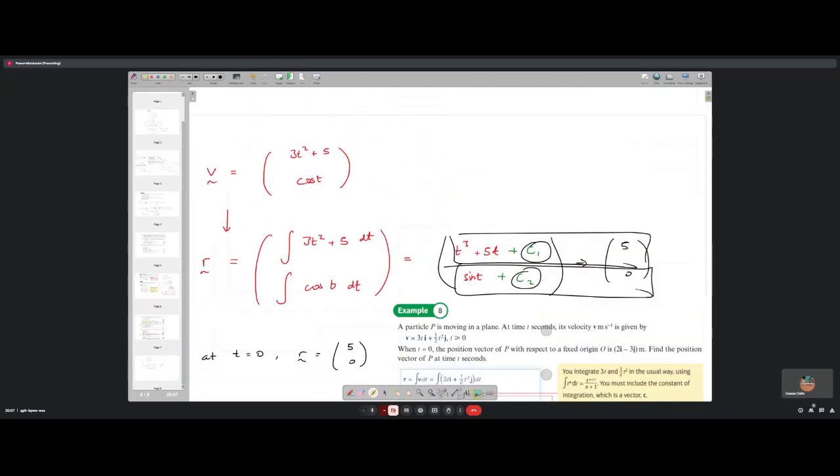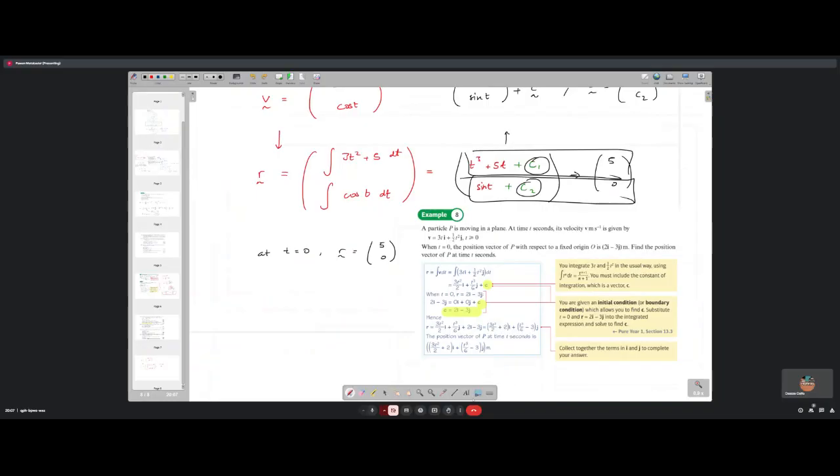Instead of writing it as c1 and c2, they've said, this is what you get when you integrate it, but let's say we're adding some constant of integration c, where c is some column vector c1 and c2. It's exactly the same thing. I don't really recommend doing it like this. You can if you want. I would rather integrate them separately, have two different constants, and then work it out that way.